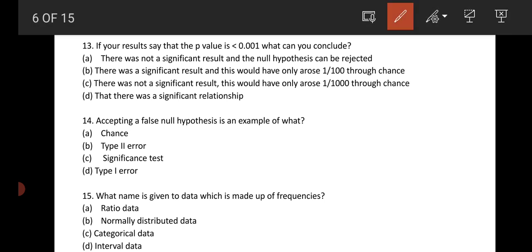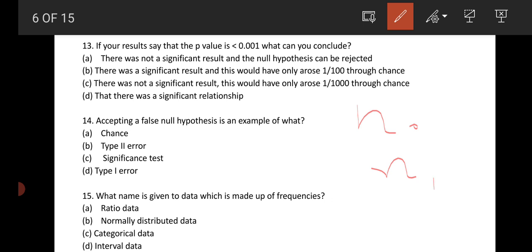If your result says that the p-value is less than 0.001, what can you conclude? We say a test of significance p-value determines the result. In any test of hypothesis, there will be a null hypothesis and an alternate hypothesis.